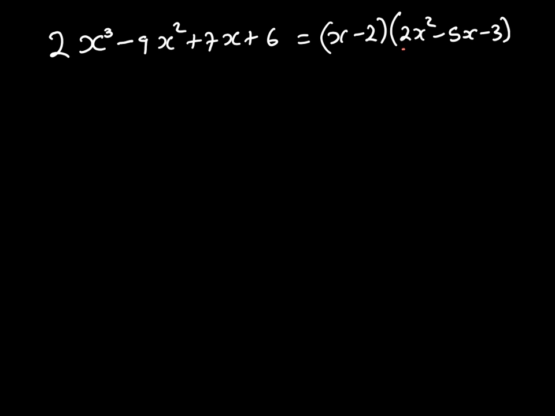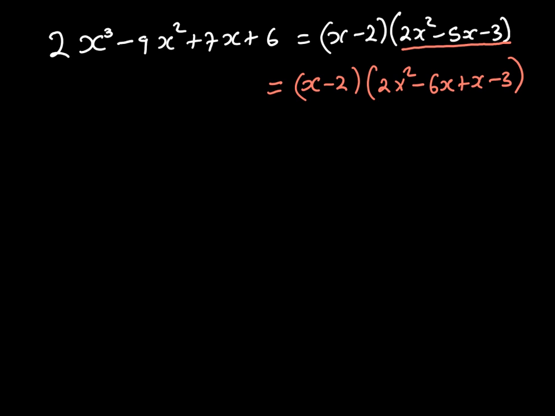So let's go ahead and factor this part, okay? To factorize that quadratic, look for two numbers that sum to negative 5 and whose product is negative 6. And those two numbers are negative 6 and a positive 1. So let's factorize it. This is going to be x minus 2 into 2x squared minus 6x plus x minus 3.